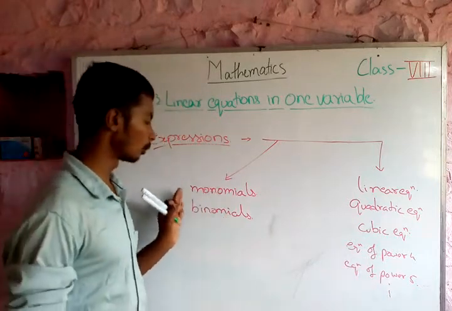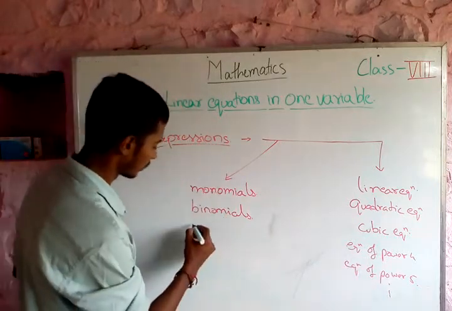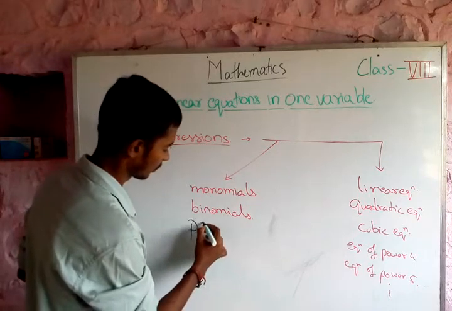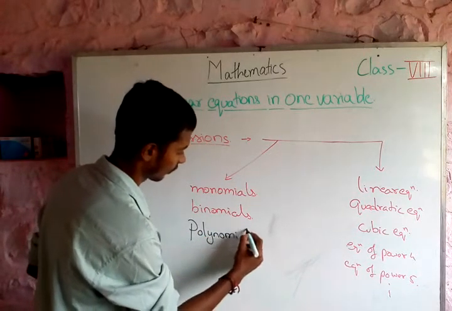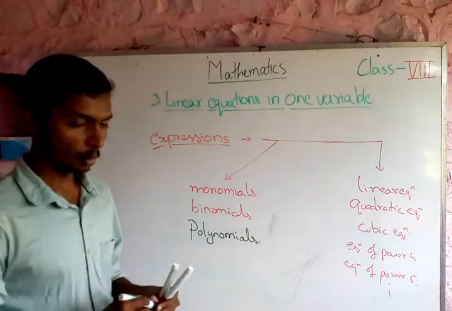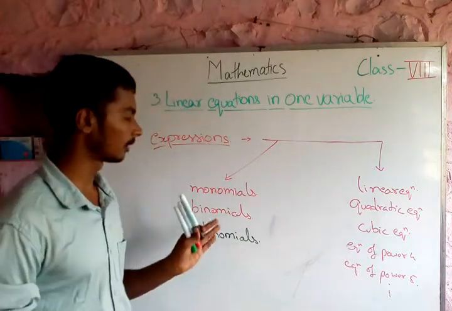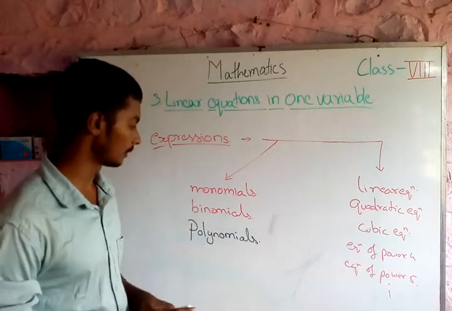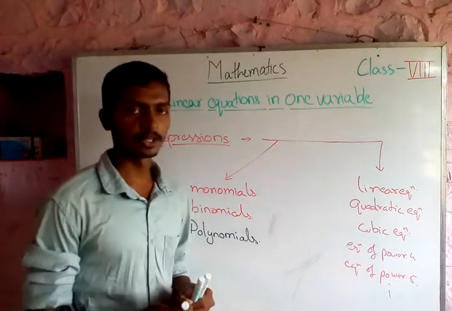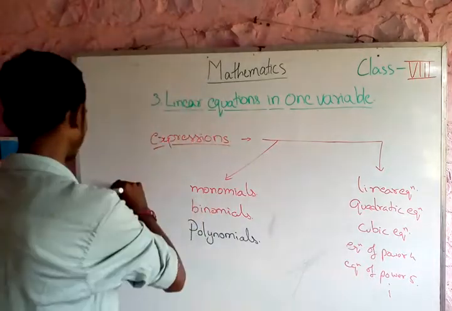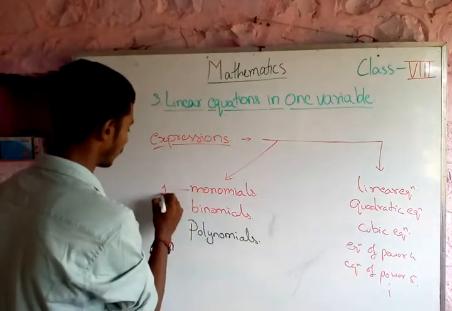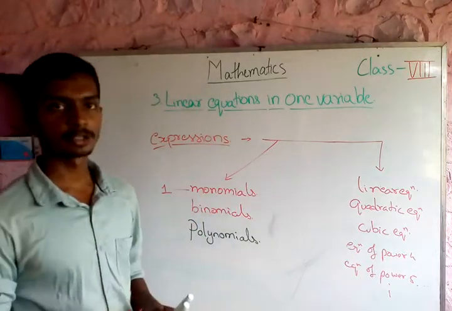The other is monomials, binomials, and polynomials. Okay, what does this classification mean? Now see, if there is only one term in the expression, then it is called a monomial.